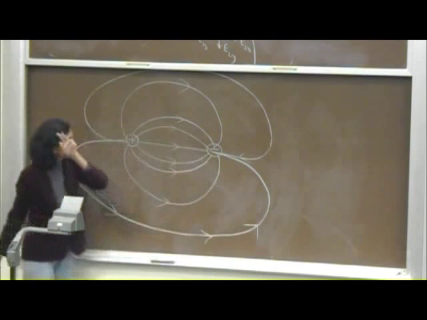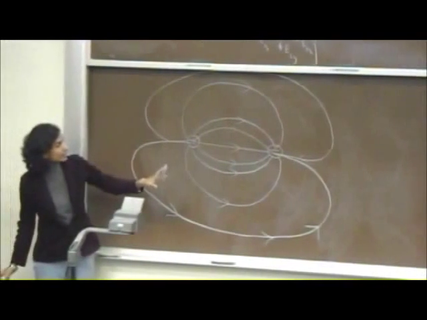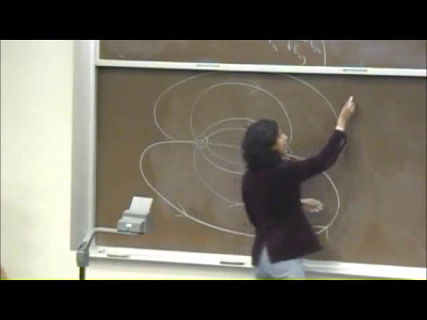In this case, you understand the broader meaning of electric field line also. What I have done is I have drawn the electric field line due to an electric dipole.